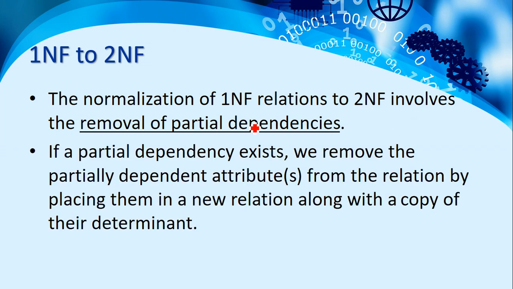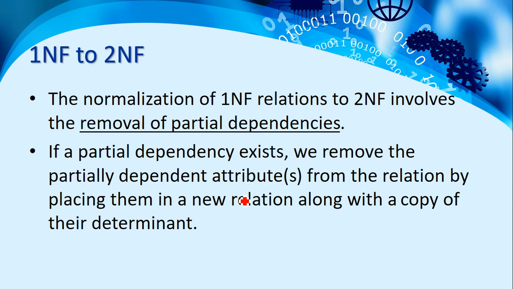So if a partial dependency exists, we remove the partially dependent attribute or attributes. Possibly we have two or more partially dependent attributes, from the relation by placing them in a new relation, a new table, along with a copy of their determinant. So take note of this.